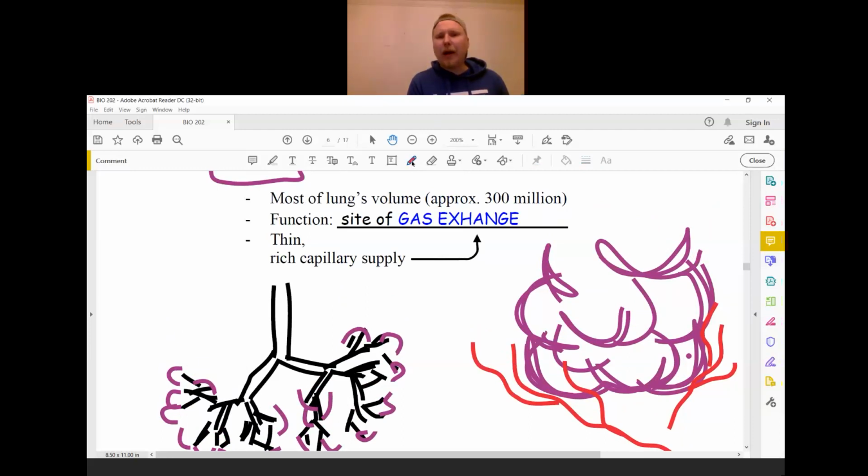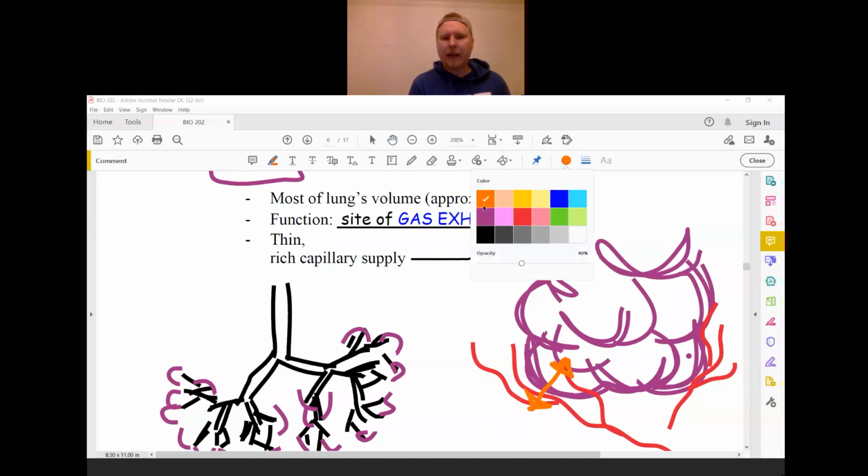And this is what allows, through the process of diffusion, for the gases to be exchanged between the blood and the lungs. So that's the important role of these that we want to be aware of here. The site of the gas exchange. And I'm adding our capillaries as well and highlighting them there.